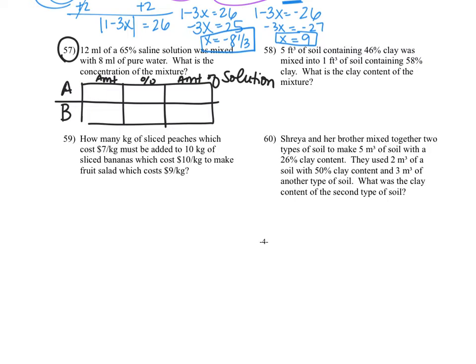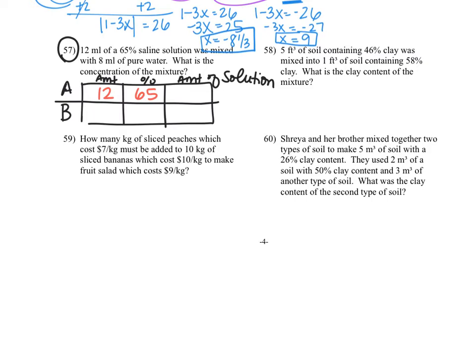Okay, so I'm going to read. It says 12 milliliters of a 65 saline solution. So the first one is 65%, and it's 12 milliliters. So I'm going to input that into my problem.